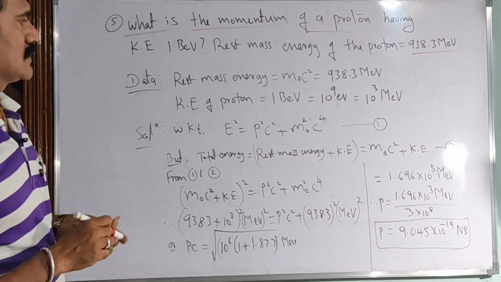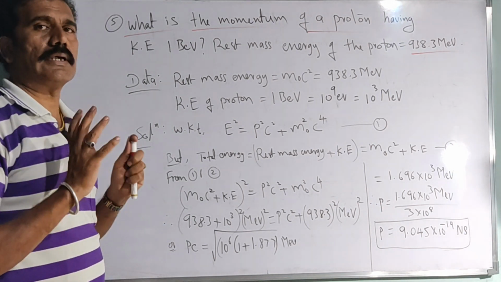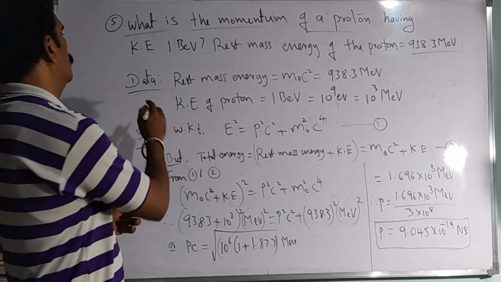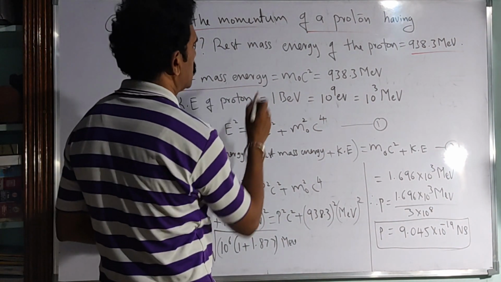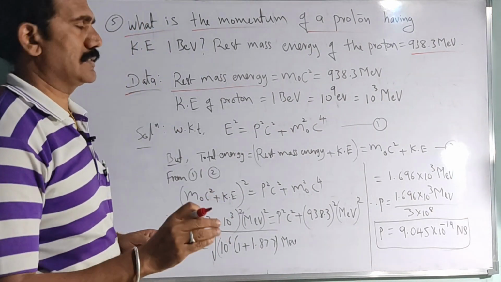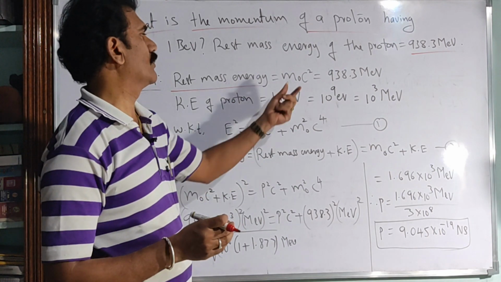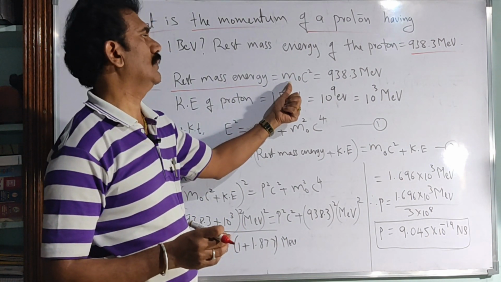So again it is based on the concept of relativistic energy. In the data part, you write the rest mass energy when the particle is at rest: m naught c square, with the rest mass m naught into c square.